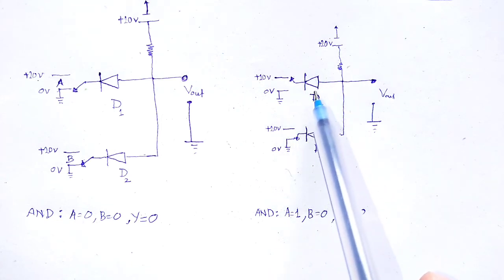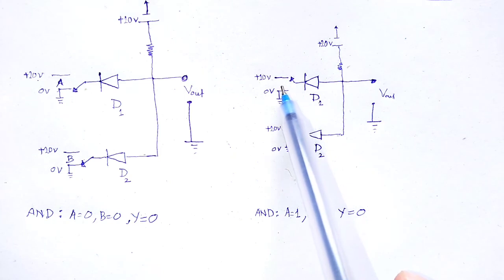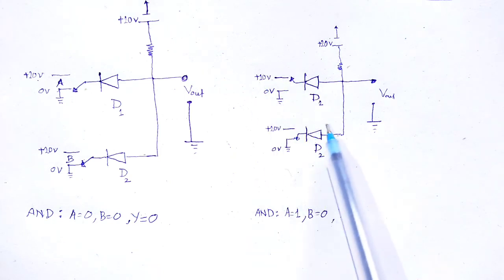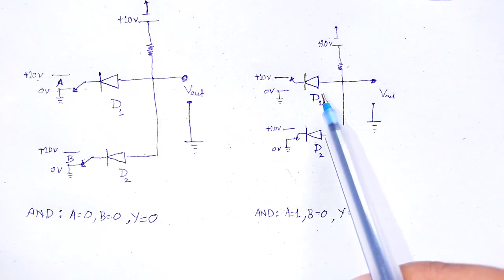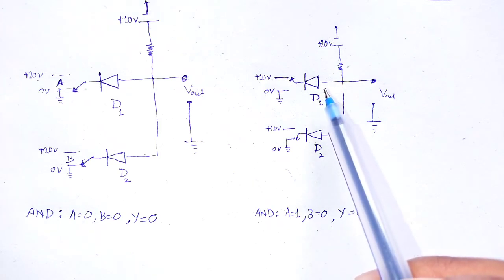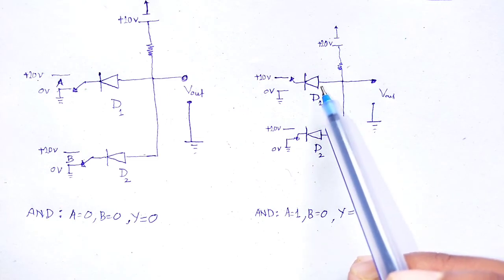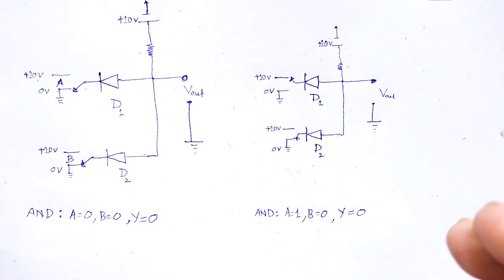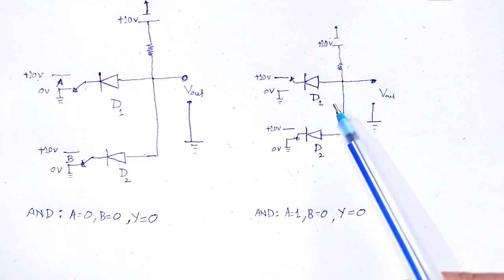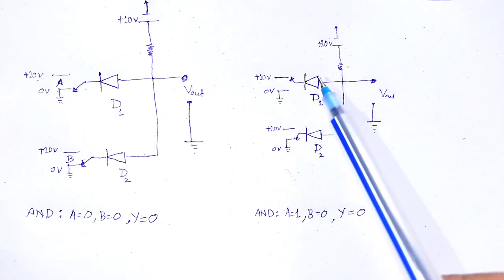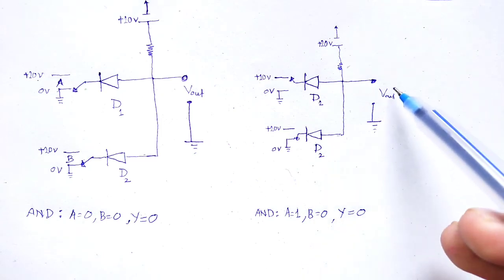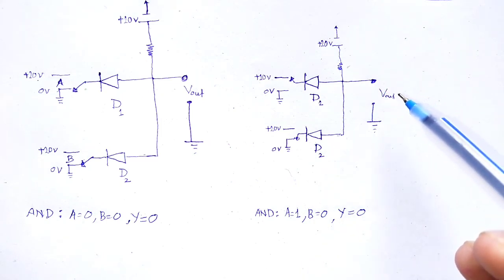In the reverse manner, in D1 the input A is 0, in D2 the input B is equal to 1, means A is equal to 0 and B is equal to 1. At that situation, D1 behaves as a closed switch and D2 behaves as an open switch, and that circuit is completed through D1 and R through that of ground, and D1 conducts and is grounded, then the V output will be 0.